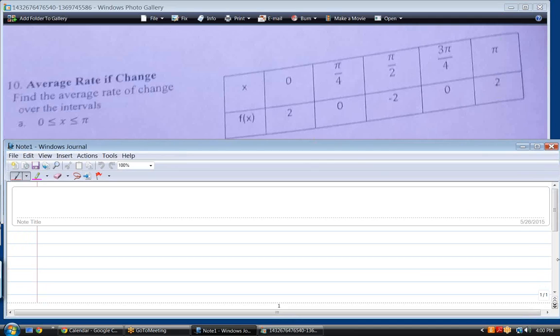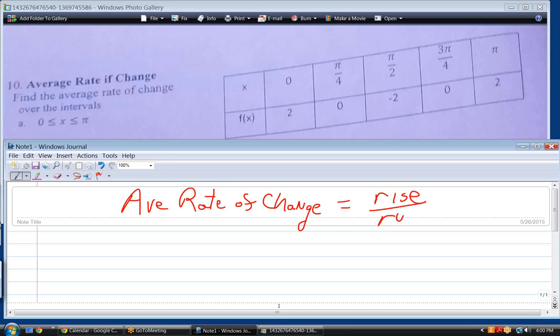Okay. So what does average rate of change mean? The amount something slopes. The key word there is slope, or rise over run.